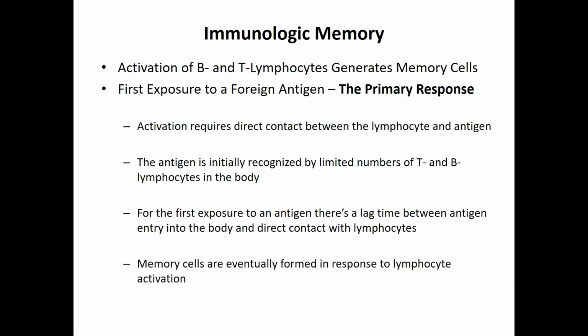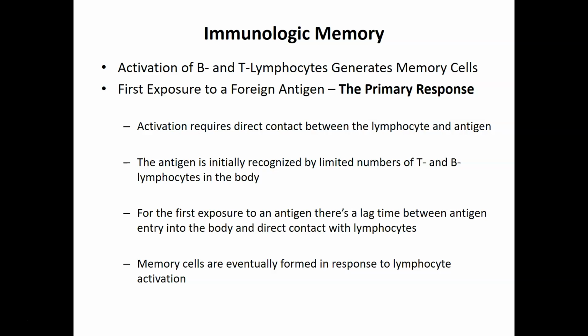Remarkably, you have so many lymphocytes that almost any foreign antigen will have some lymphocyte that can recognize it in your body. But if you've never seen it before, there aren't very many. Not only that, but there might be a significant lag time between the time that the antigen enters the body and it encounters a cell that can bind to it.